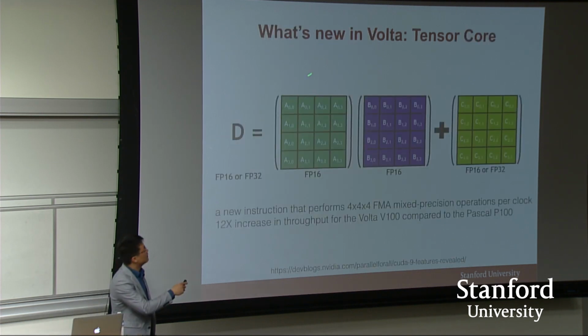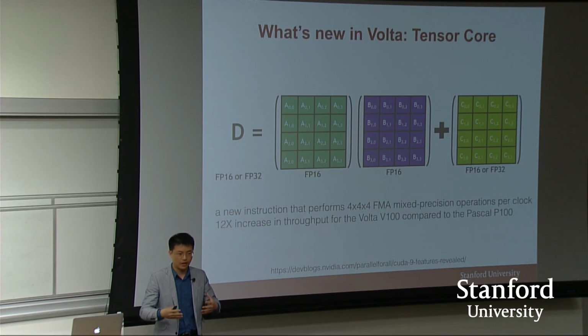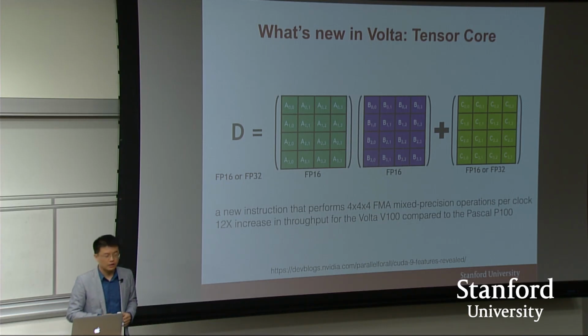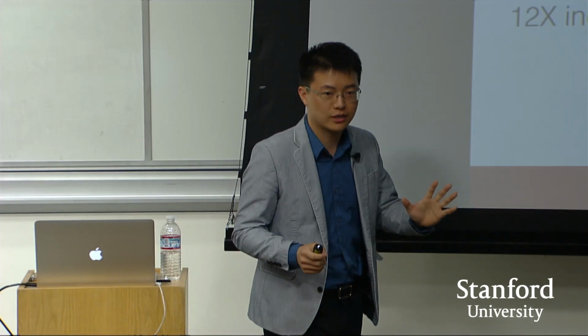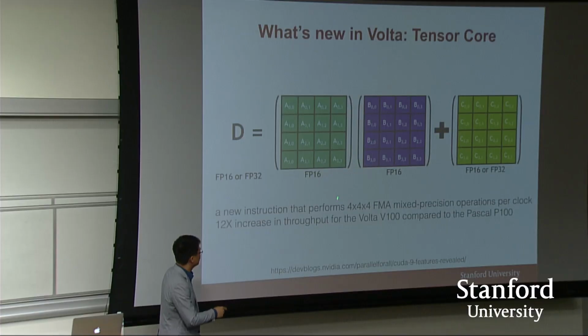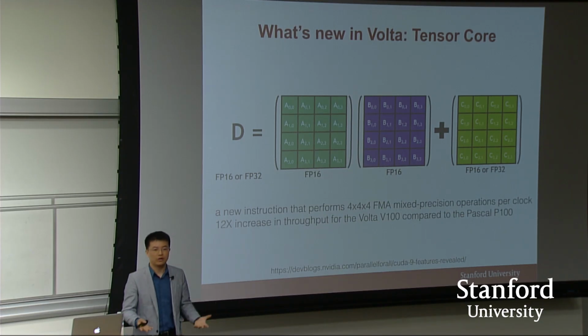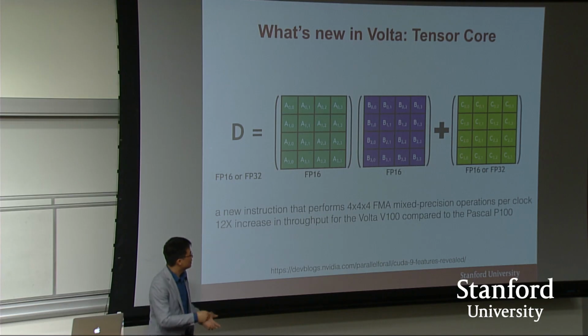So what's new in Volta? The most interesting thing for us, for deep learning, is the Tensor Core. So what is a Tensor Core? A Tensor Core is a unit, actually an instruction, that can do a 4x4 matrix times a 4x4 matrix. The fused FMA stands for fused multiplication and add, in this mixed precision operation, in just one single clock cycle. So let's decipher what this means.